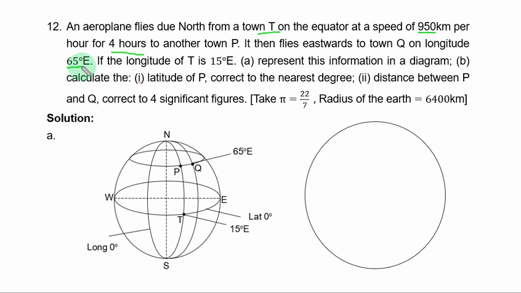If the longitude of T is 15 degrees east, A part of the question, represent this information in a diagram.